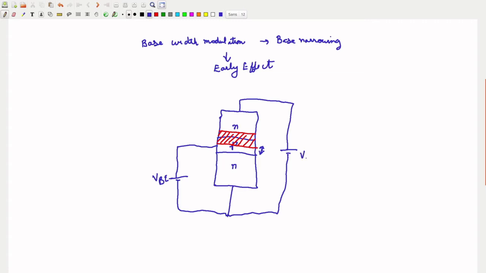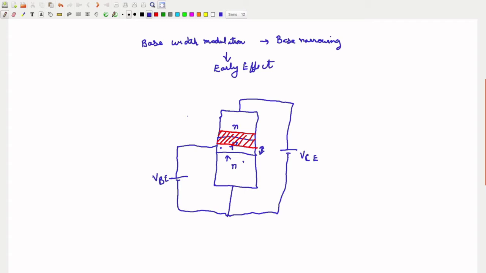Due to the applied voltage, electrons are moving into the base, and the number of electrons that will surpass the base and reach the collector is increased due to this narrow base, because the recombination at the base reduces, or the electrons reach the collector earlier than expected, because the base width is narrow.